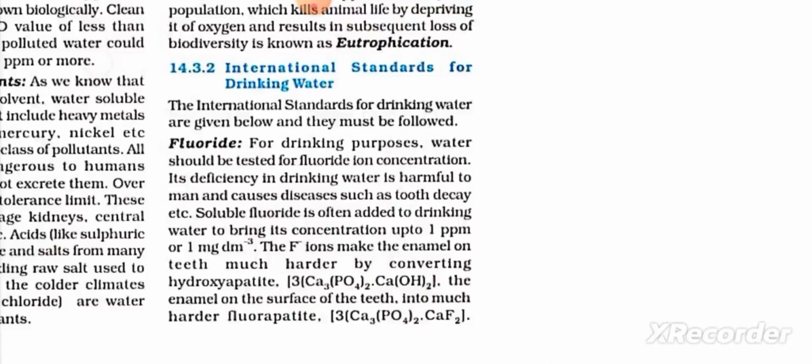The F negative ions make the enamel on the teeth much harder by converting hydroxyapatite, that is 3 times Ca3(PO4)2 . Ca(OH)2, the enamel on the surface of teeth, into a much harder fluoroapatite, that is 3 Ca3(PO4)2 . CaF2.